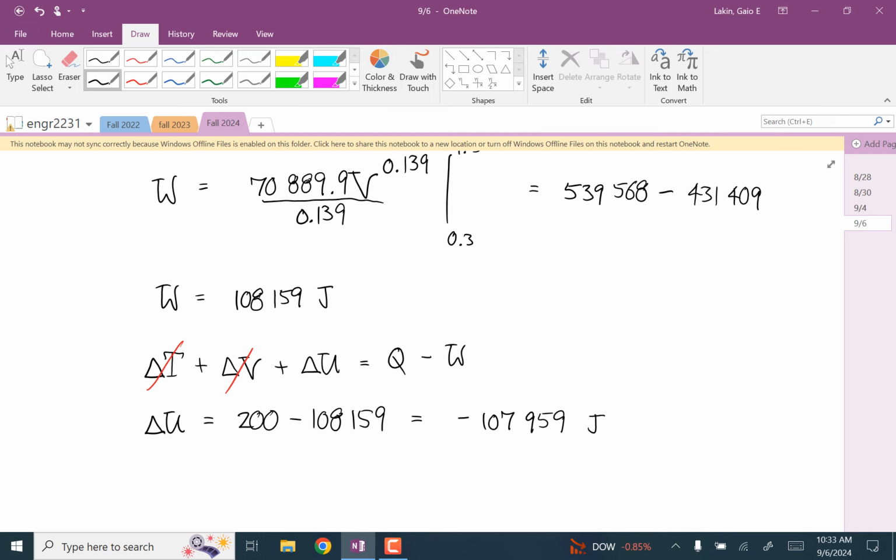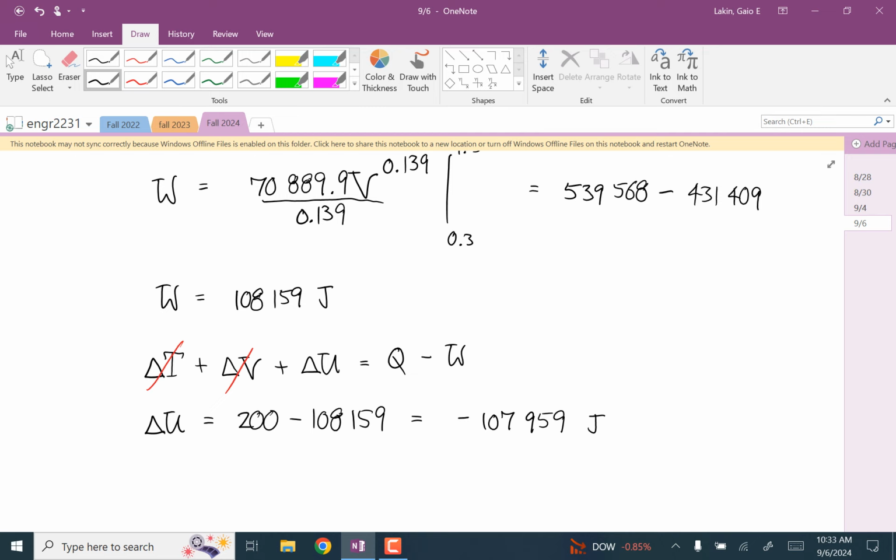So since the gas expanded, we knew that the work was going to be positive. We knew W was going to be positive. And we knew that positive W means taking energy away from the system and giving it to the surroundings. Heat was added to the gas, so that would increase energy, but the magnitude of the heat that was gained was much smaller than the work that was done on the surroundings, and so we ended up losing net energy for the system.